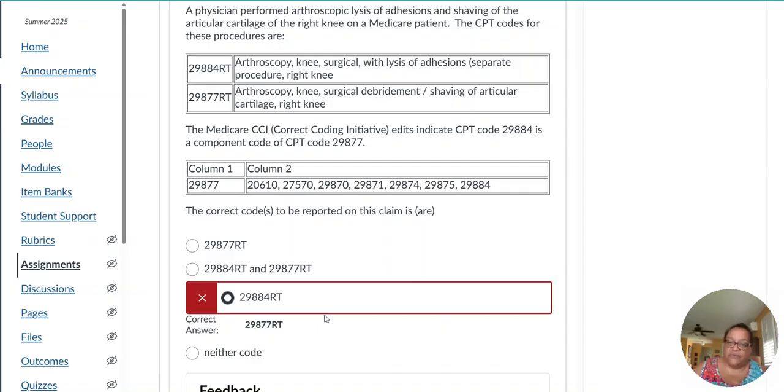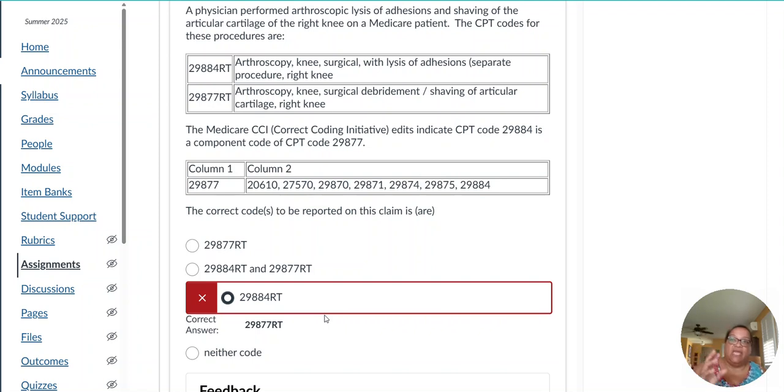Now, if it was two knees being done at the same time, that's a whole different set of situation. There are cases when all they do is lysis of adhesions. Perhaps the patient is very sensitive. They've had pain for a long time. Maybe they have severe adhesion buildup because you can have levels of adhesions. Maybe they had surgery in the past on that knee.